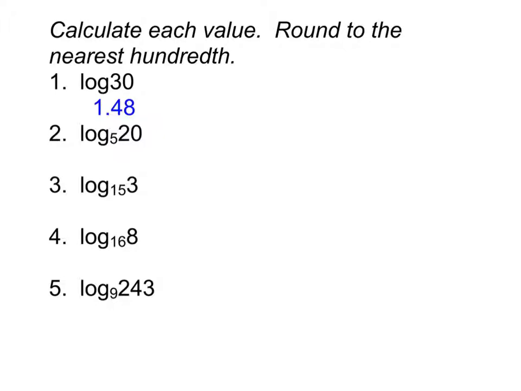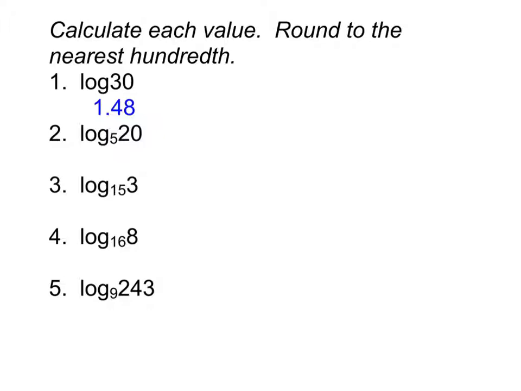But let's take a look at this next one here, where we have log base 5 of 20. In order to be able to calculate this, your calculator would have to have a log base 5 button. And it would also have to have a log base 15 button and a log base 16 button and a whole bunch of stuff like that. It doesn't have those. It just has a log button.